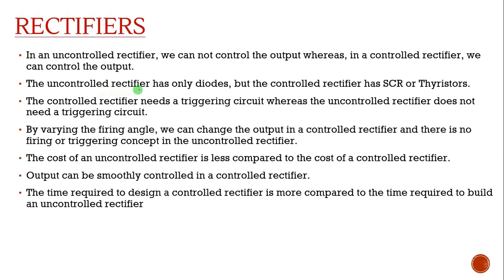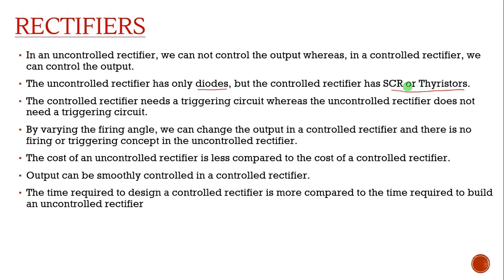The uncontrolled rectifier has only diodes, whereas a controlled rectifier will have SCRs or thyristors. Understand? In an uncontrolled rectifier we use only diodes, whereas in a controlled rectifier we use SCRs or thyristors. An SCR or thyristor has three terminals, including one gate terminal.